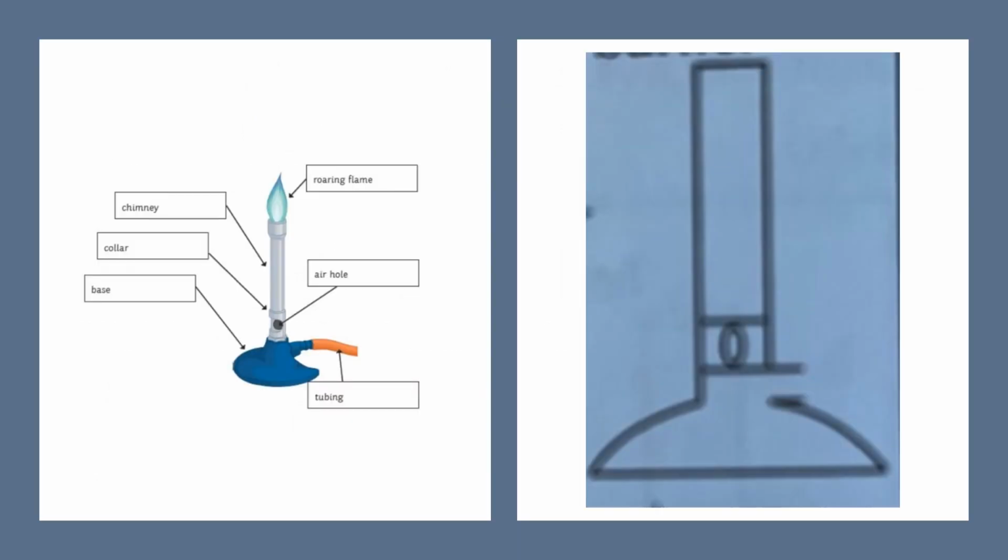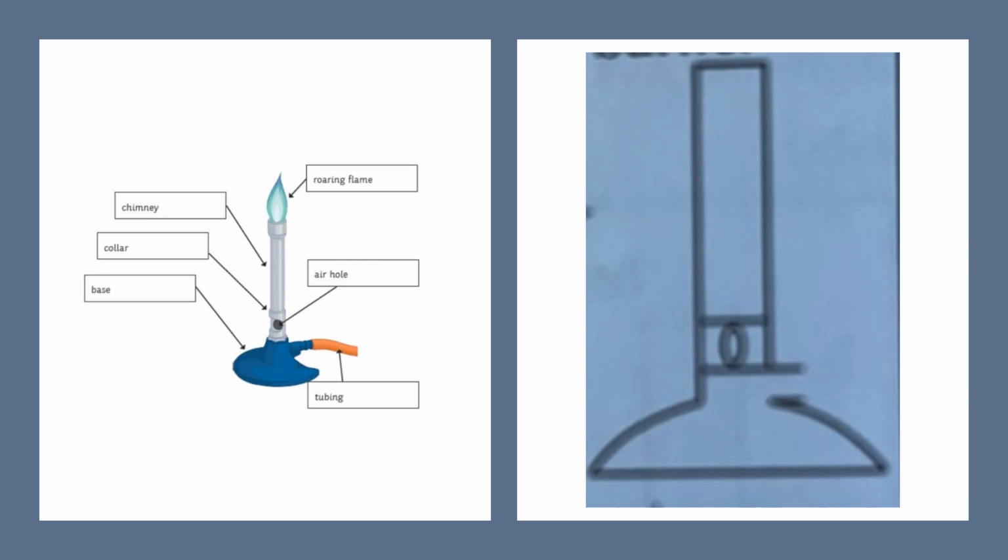So I took the Bunsen burner to explain a little bit more. Can you see? This is the tubing. This will be connected to the gas supply, and you have a base, and this is the air hole. Have you seen this before? There's a collar.